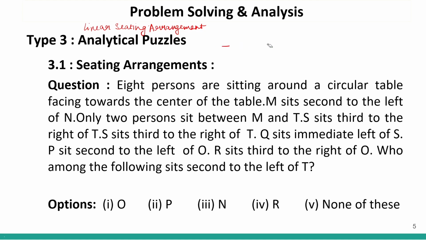So if I have 3 people, let's say A, B and C, and they're sitting like this in one row, this is called linear seating arrangement. Now there are two possibilities in linear seating arrangement, or 3 possibilities you can say. First is that everybody is facing north, okay? The second possibility is that everybody is facing south. And the third possibility is that some people are facing north and some people are facing south.